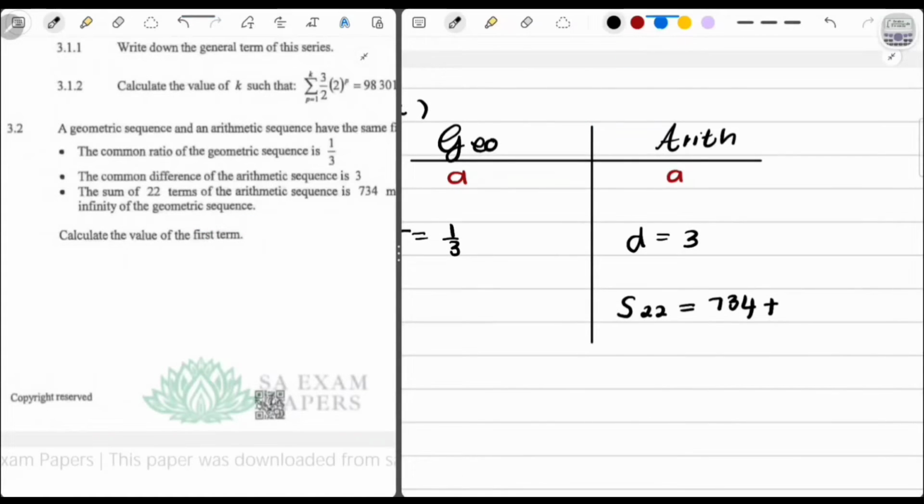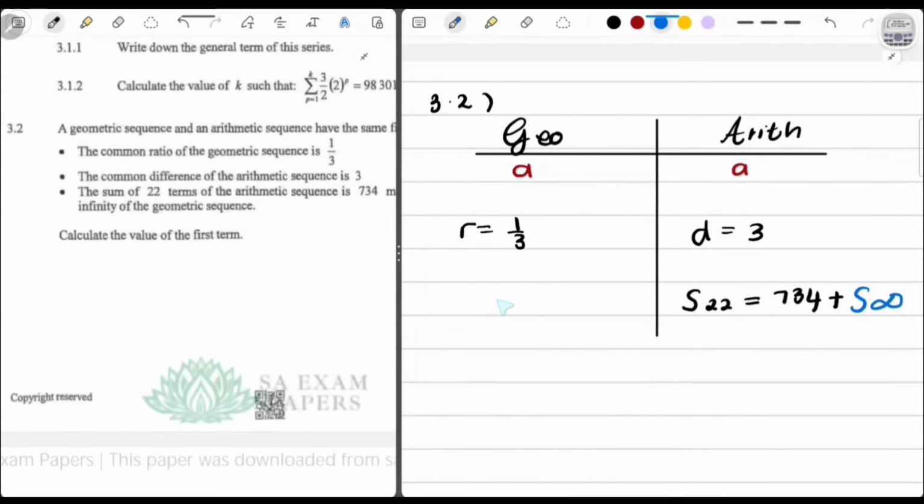So there's the sum to infinity of the geometric sequence, but this sum of 22 terms is 734 more than that. That's why I'm adding. So 734 plus the sum to infinity of that geometric sequence.